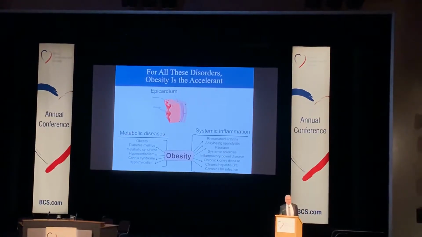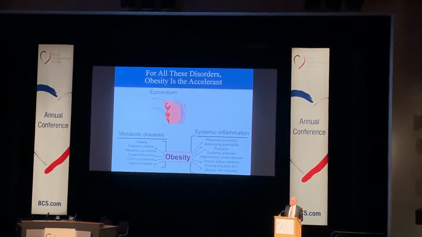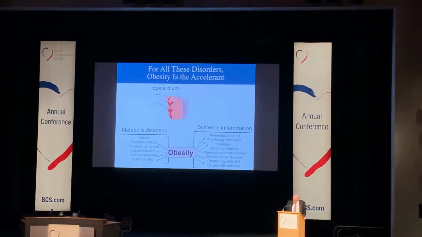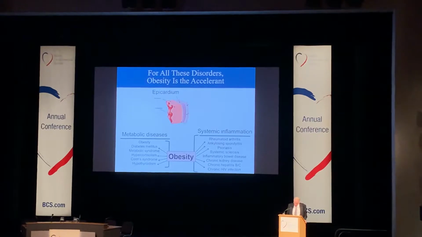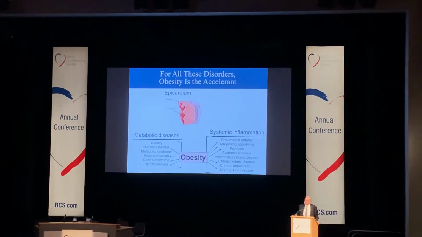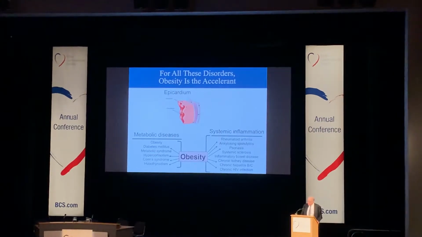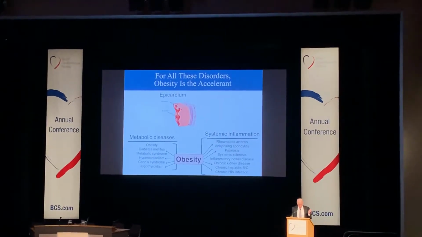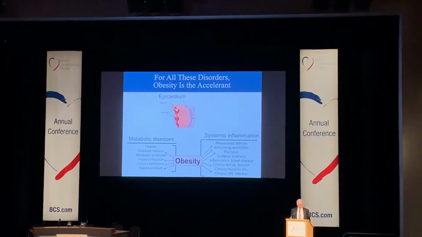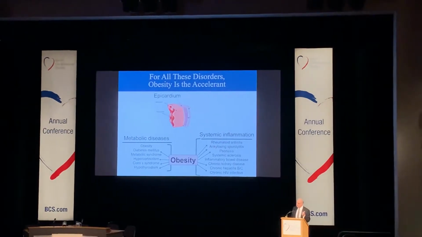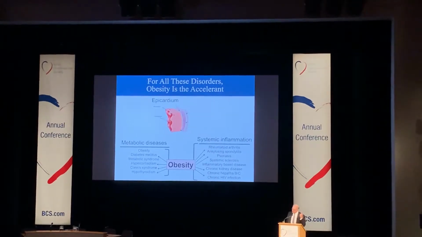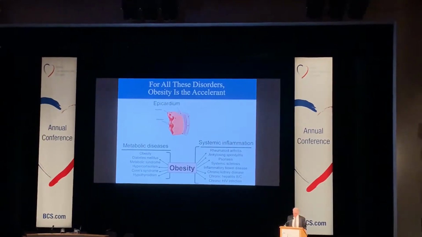Now, many of you may know that, of course, we have an obesity epidemic. It is getting worse. But obesity makes almost every chronic metabolic and systemic inflammatory disease worse. So it doesn't just make diabetes worse, but it makes rheumatoid arthritis worse. It makes inflammatory bowel disease worse.